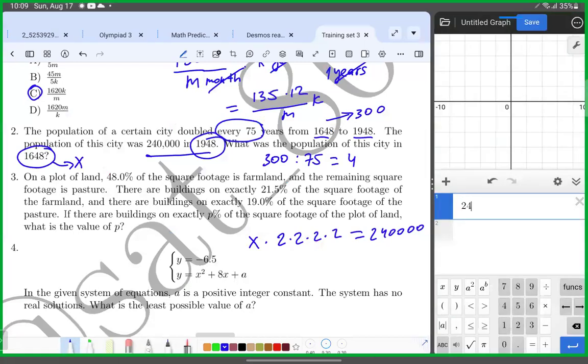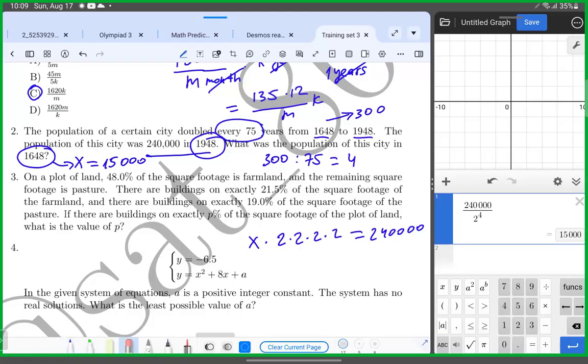It is divided by 2 to the power of 4. So here you go, at this year the population was 15,000.